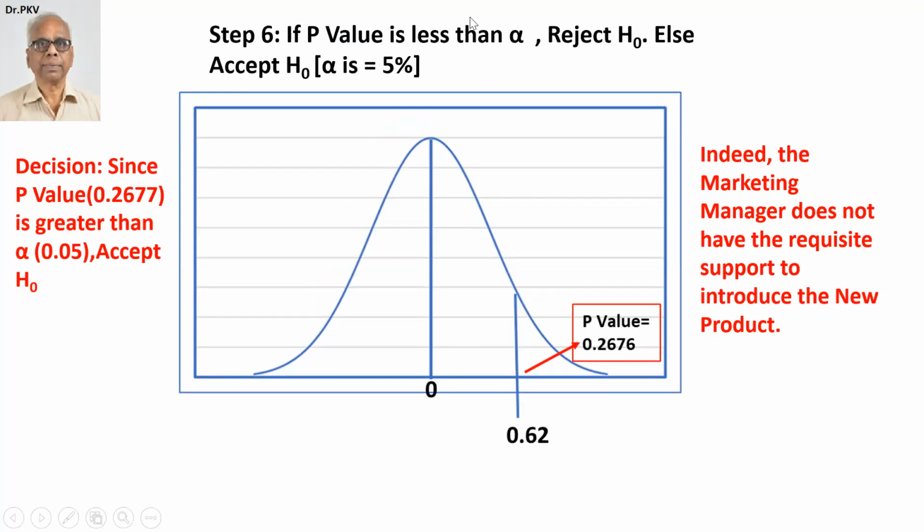If the p-value is less than alpha, reject the null hypothesis, else accept the null. When you reject the null, you will accept the alternative. Let us see what happens in this situation. Since the p-value 0.2676, which is to the 4th decimal place, is greater than alpha 0.05, accept the null hypothesis for want of evidence.